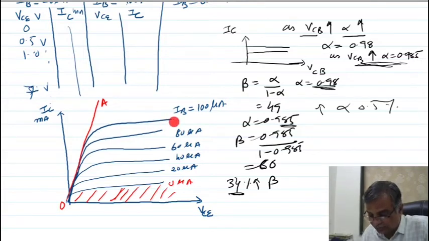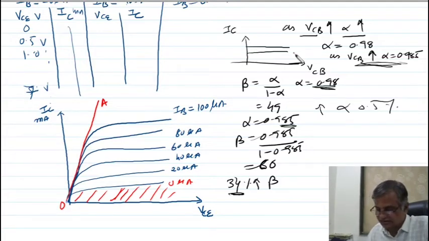The slope of this line is more than the slope of the line of common base characteristics. So the slope of the output characteristics of common emitter is more than the slope of the output characteristics of common base. I think you understand this.